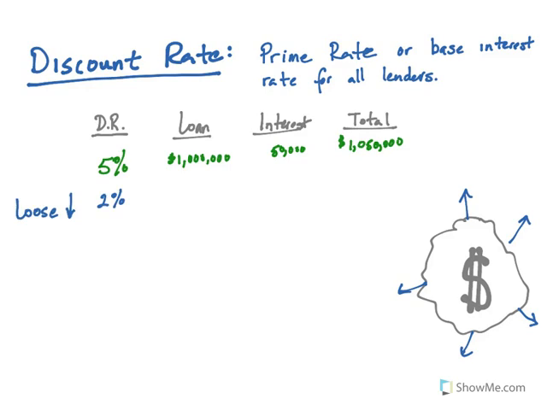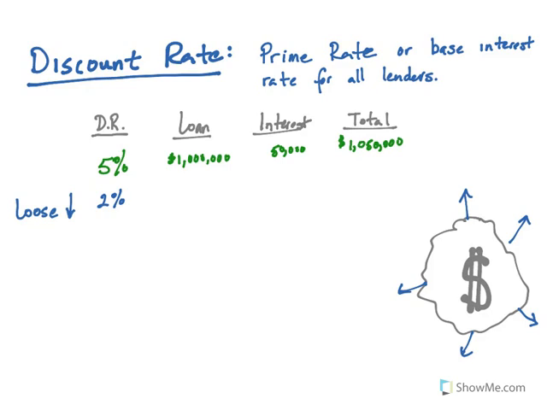In a loose monetary policy, the Fed would decrease the discount rate. Here's why that's important. If all of a sudden bank loans got to be 2% for the loan, would you want to get a loan?